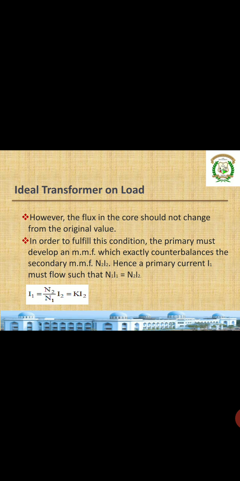Hence the primary current I1 must flow in the primary side such that one more MMF is set, called N1 I1, which is equal to N2 I2. So we can write I1 is equal to N2 by N1 into I2. N2 by N1 is nothing but K, so I1 is equal to K I2. It means the primary draws more current I1 from the source to counter the MMF generated by the secondary current, so as to keep the original flux phi as it is.